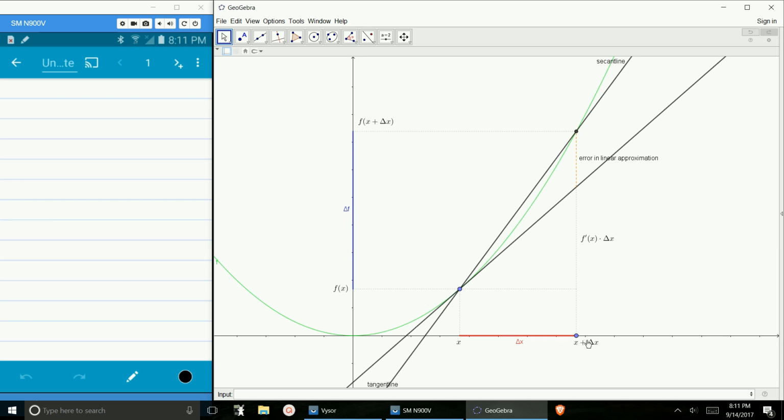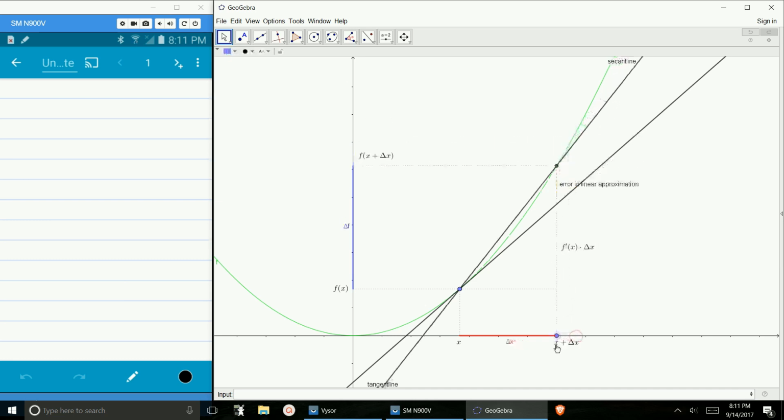So at x plus delta x, we go up and then over, and we find f of x plus delta x over here. So the coordinates of this point are x, f of x, and the coordinates of this point are x plus delta x and f of x plus delta x. Okay. And the secant line will become the tangent line if we make delta x go to 0.